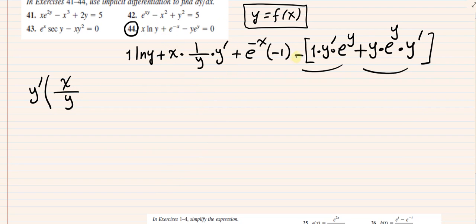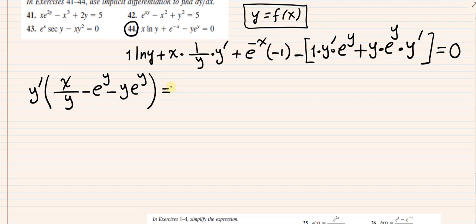And on the other side, sorry, 0, derivative of 0 is 0. So they end up being all on the same side, don't they? That's fine. So I'm just going to factor y prime from these three. So it's going to be x over y minus e to the y minus y e to the y.